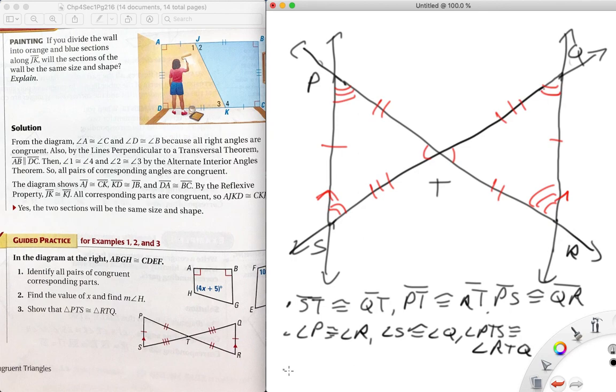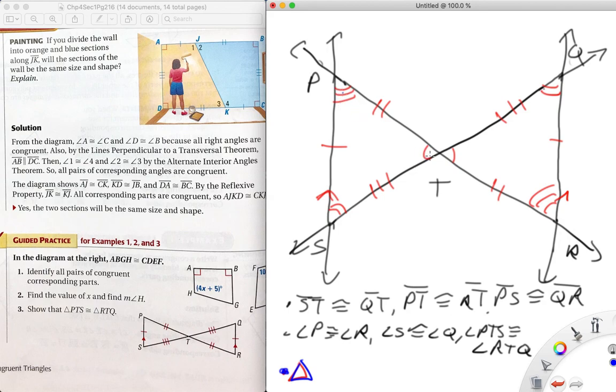Alright, since I established that those corresponding angles and sides are congruent, then I can say that triangle, do it in blue. Triangle, and I'm going to line them up by the angles again.